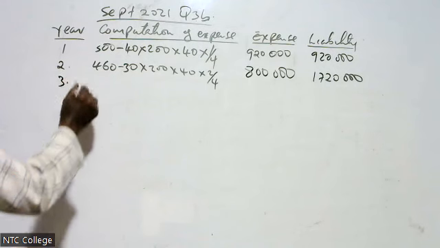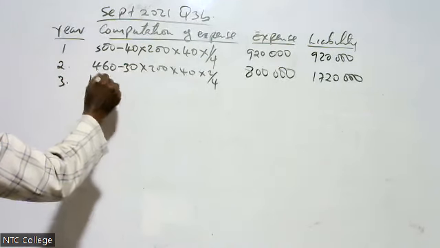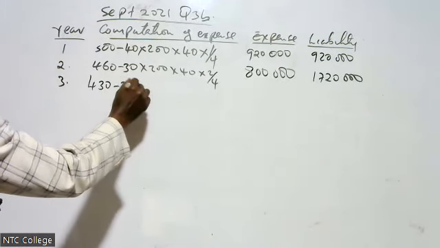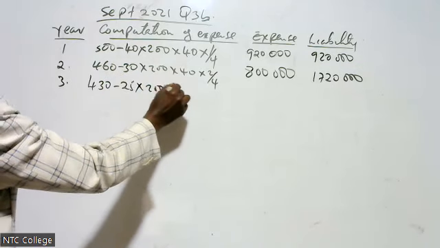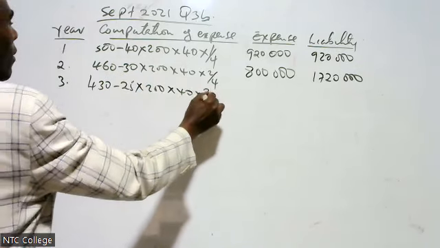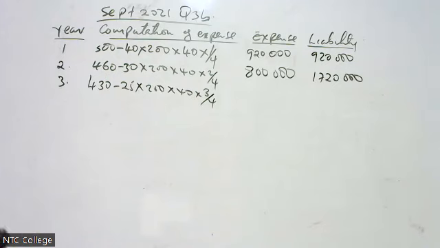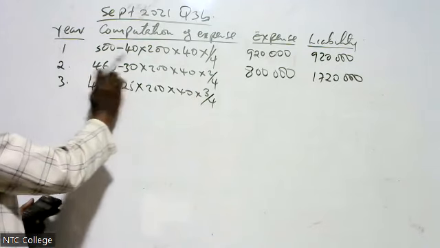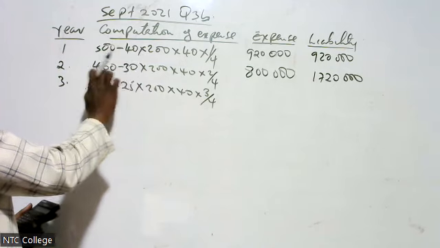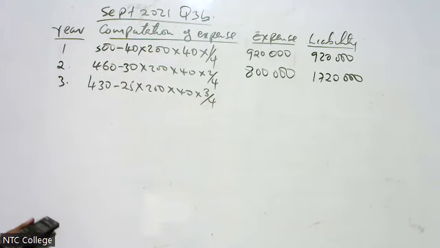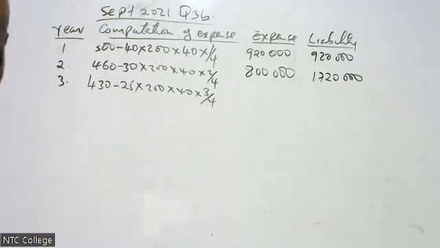I come to year 3. Here I have 430 minus 25, times 200, times 40, times 3 over 4. Remember, we have subtracted 30, therefore 460 minus this, I get 430. So I am asking a question: does the same apply for cash?